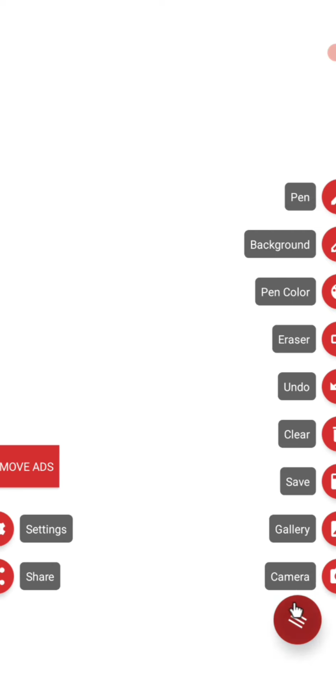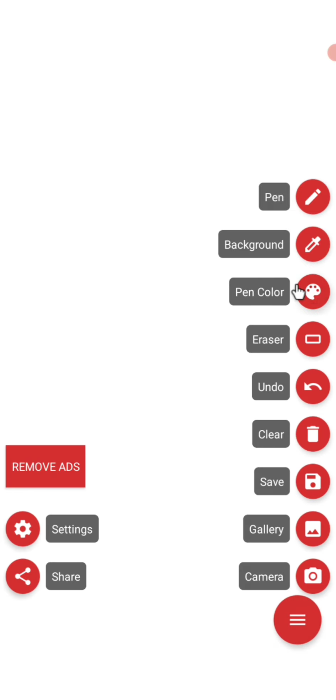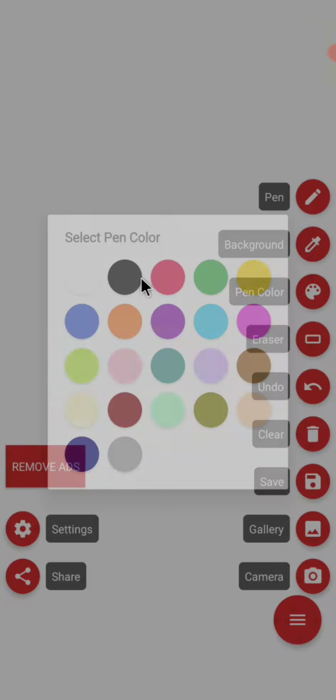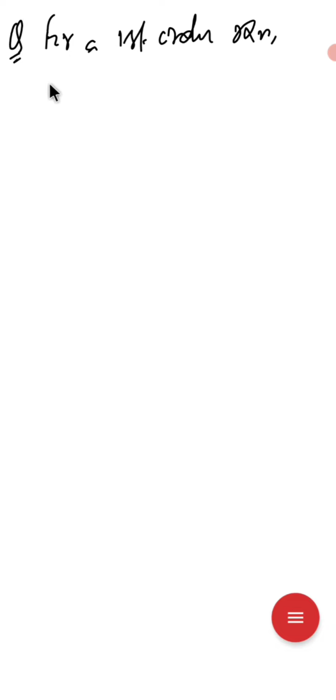Second type of question here I can solve is, for a first order reaction, K is 2 into 10 power minus 4 per second.